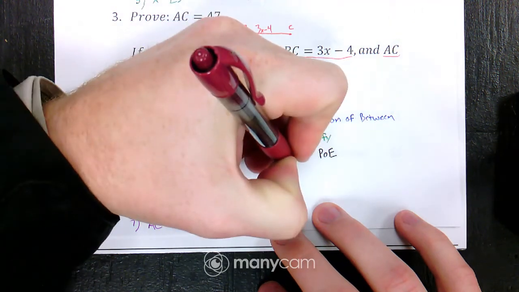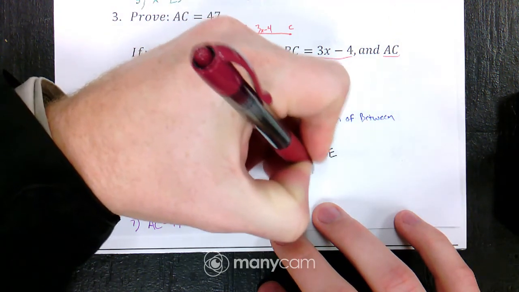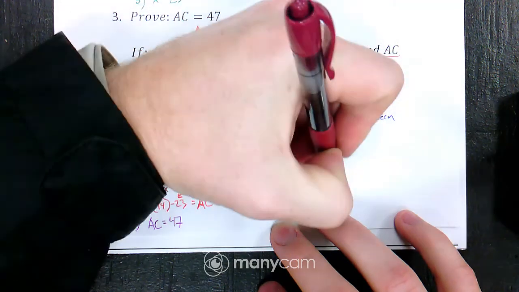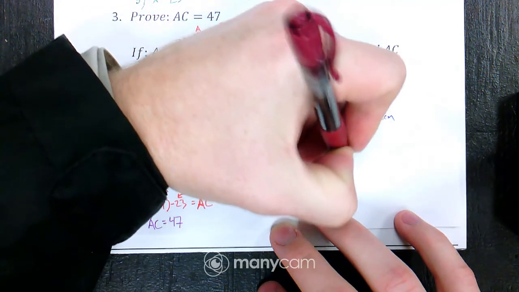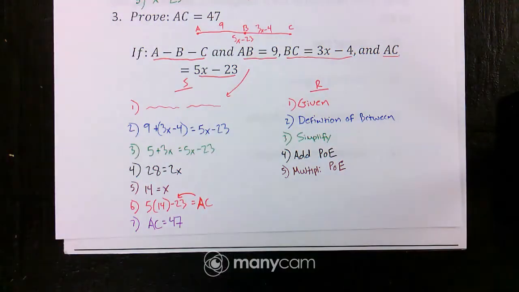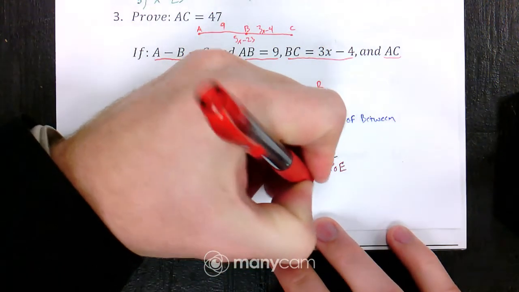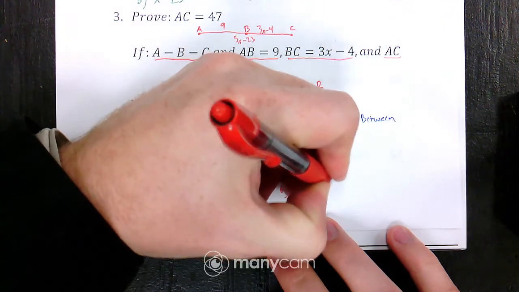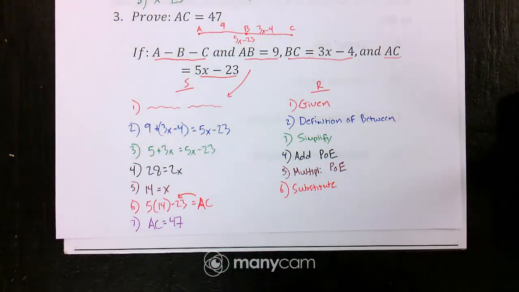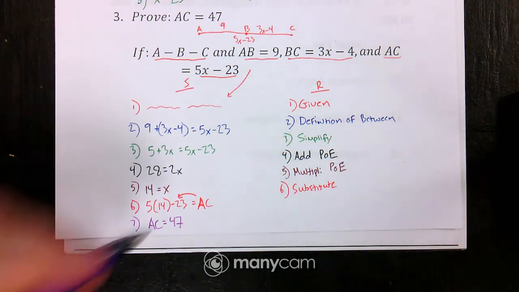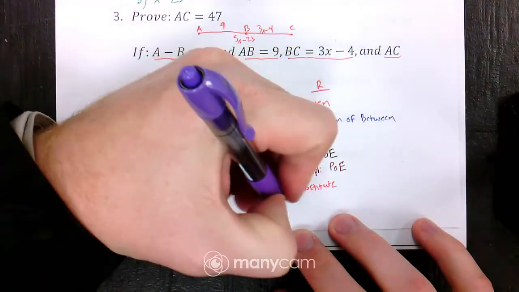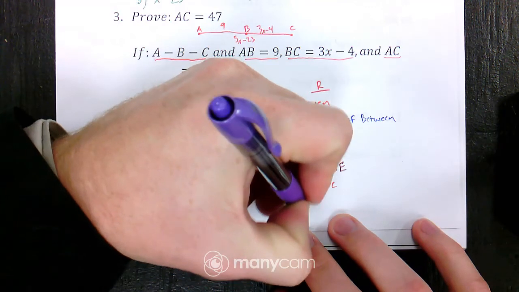So multiplication property of equality. Then I substituted, that was a cool step. And then I simplified again. That was my last step. So I just simplified this. I multiplied it out, simplified again.